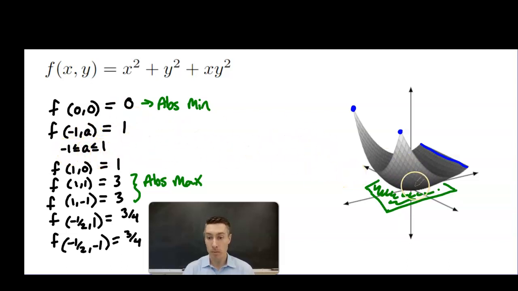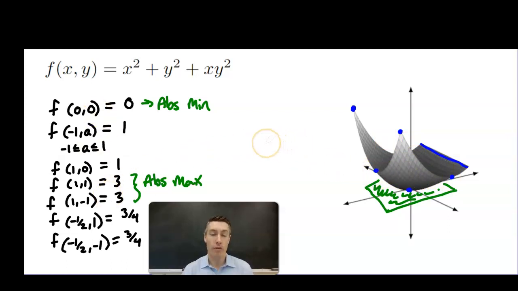The absolute minimum is the critical point we found in the middle of the surface at 0, 0. And then the other points, 1, 0, that's here. And then the -1/2, that's back there. So there's a point there, covered by the surface. So those are all those critical points that you were finding as we went through the process.